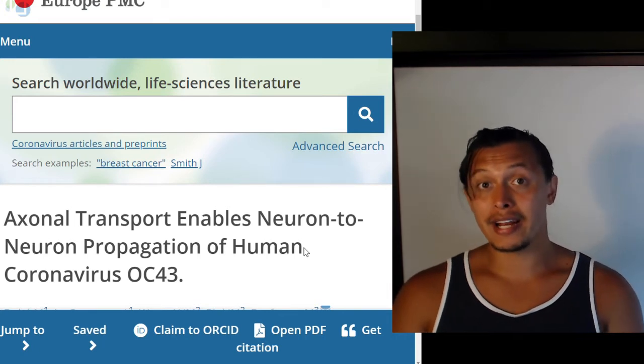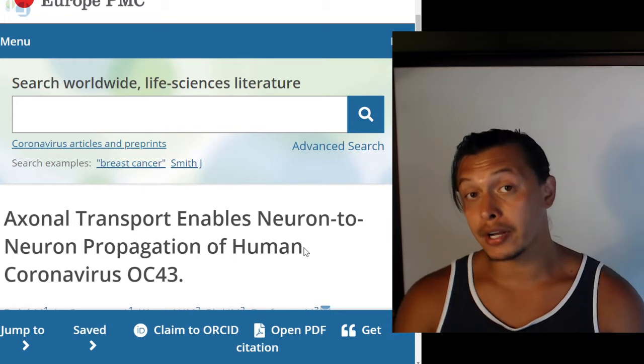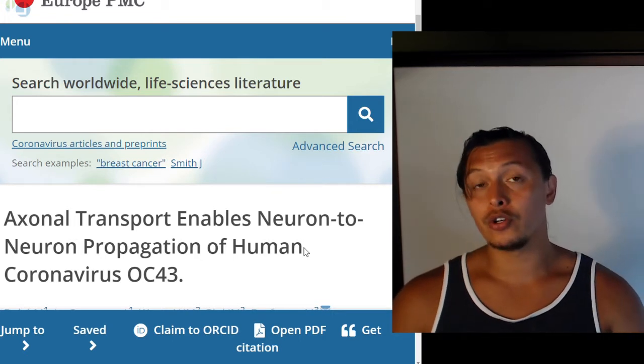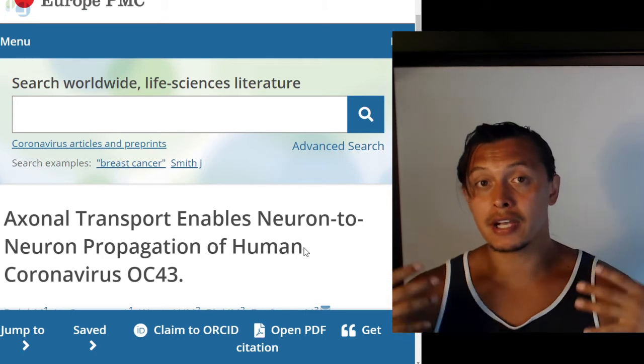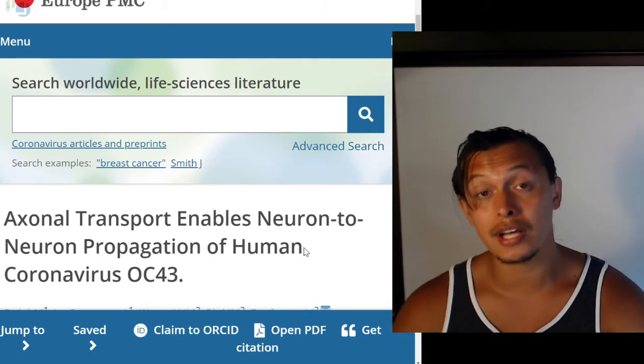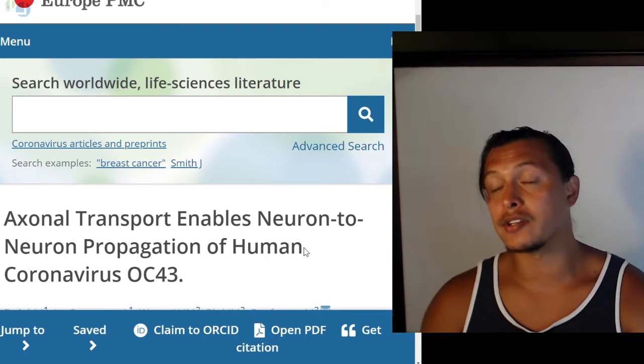Or you might generate antibodies accidentally against neuronal components, and these antibodies are then going to cause progressive pathologies because those antibodies are attacking the neurons. So that's one strategy that the virus could use to cause pathogenesis.